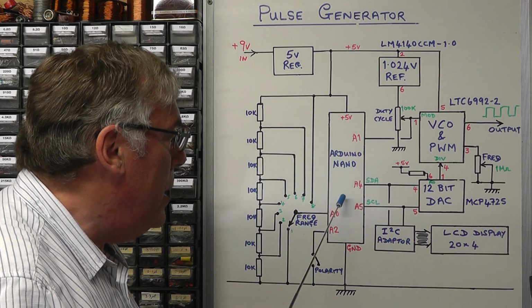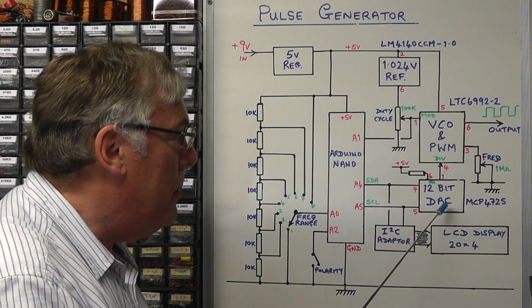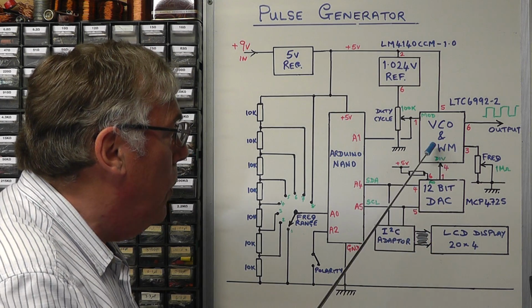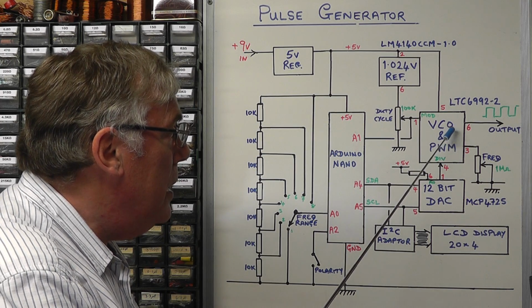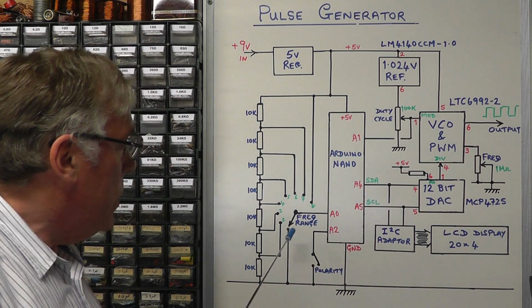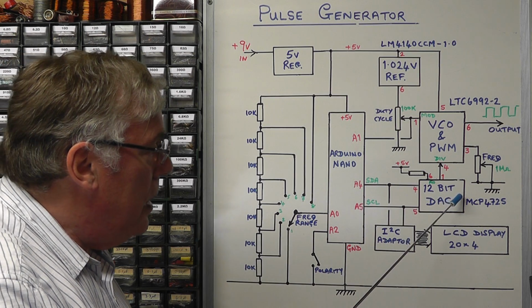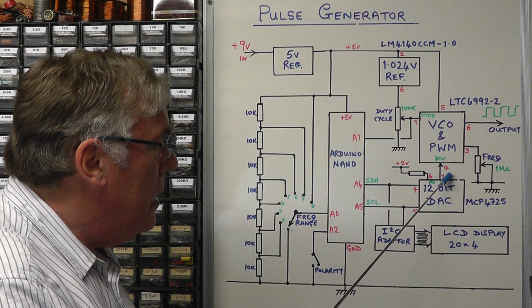We'll use that information to then program the DAC with the required voltage settings for the divider in the oscillator chip. So we'll have 8 ranges there that will determine the voltage coming out of the DAC.